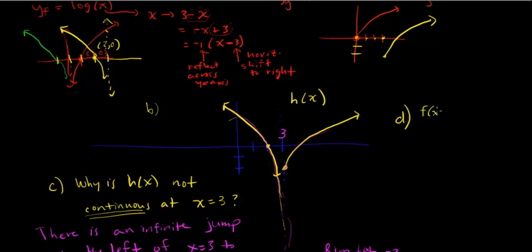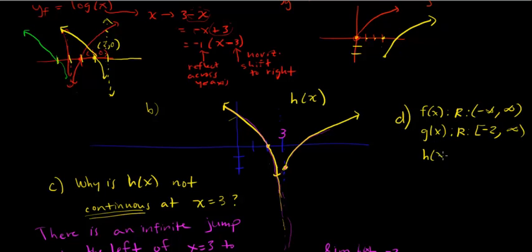So f of x, the range goes from -infinity to positive infinity. G of x, the range, looking from bottom to top, starts at -2, and it includes -2, and it goes up to positive infinity.